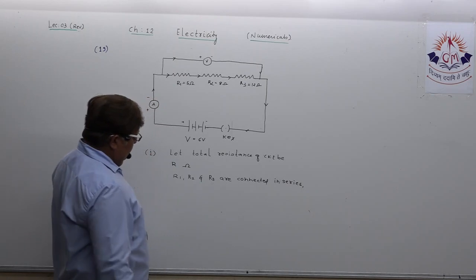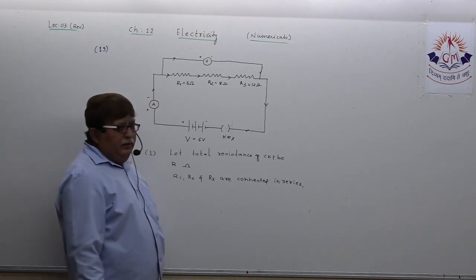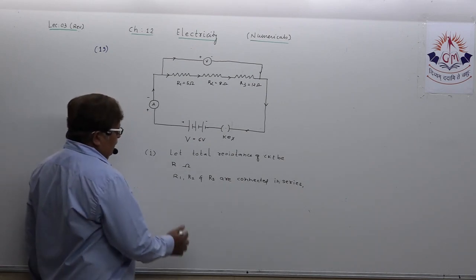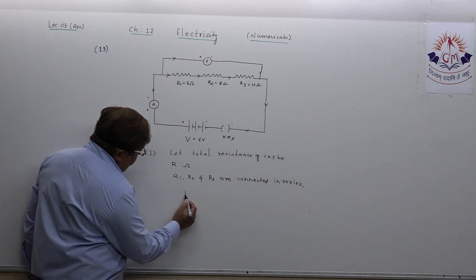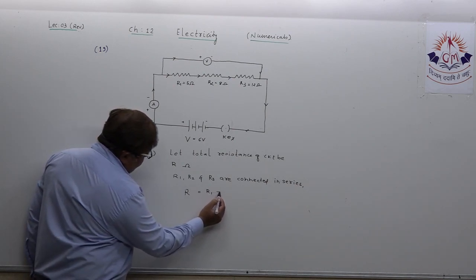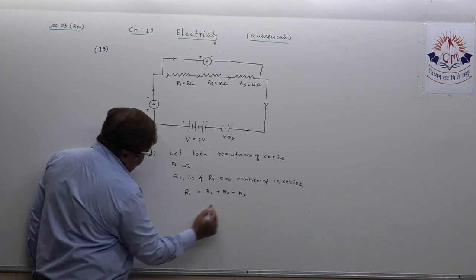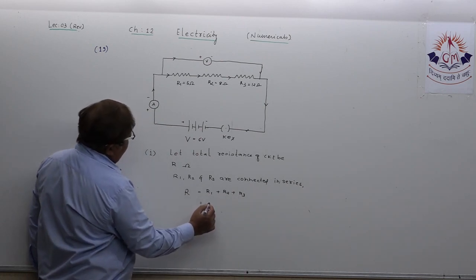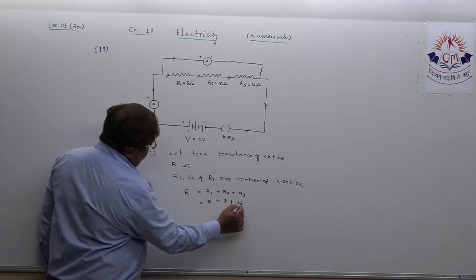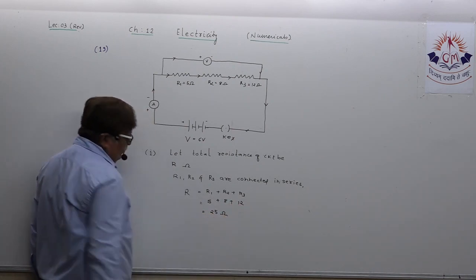Okay, so dear student, you all know when resistors are connected in series connection, that simply means R equal to R1 plus R2 plus R3. You all know very well. 5 plus 8 plus 12, that is 25 ohm.